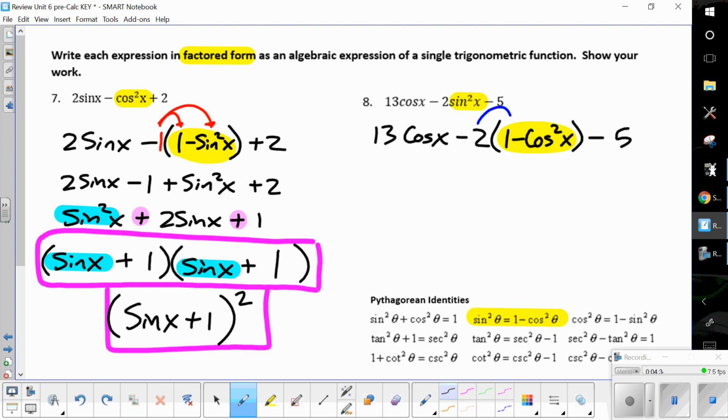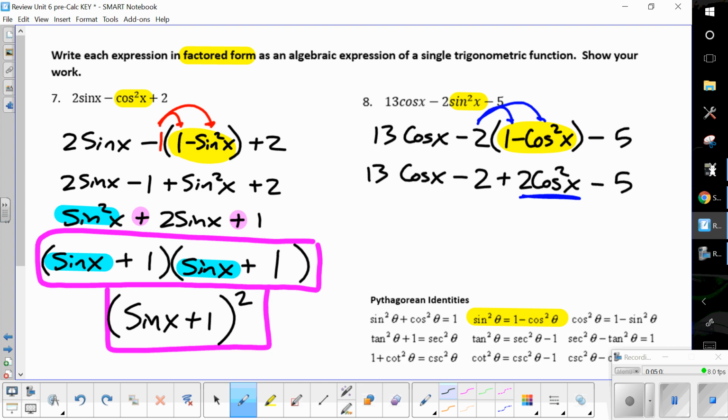Okay, I'll go ahead and distribute. I get 13 cosine of x. That's negative 2 times 1 is negative 2. That turns into positive 2 cosine squared of x. And I still have this negative 5 floating out here. Okay, the next thing I'm going to do, just like in problem number 7, I'm going to go ahead and put it in standard form.